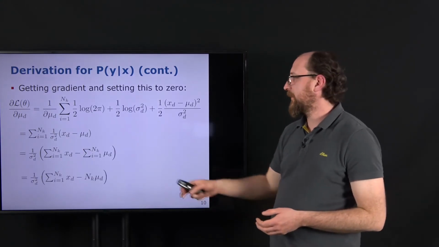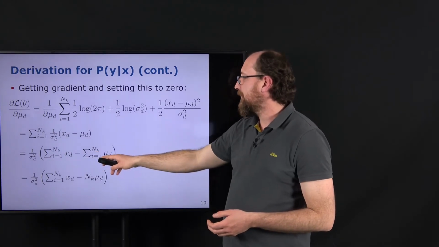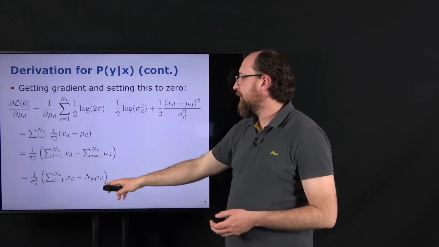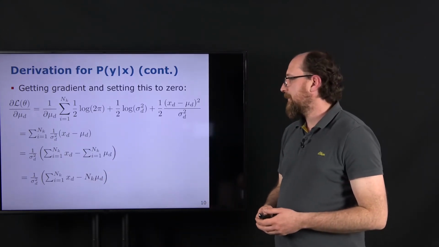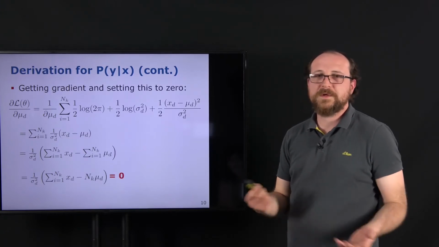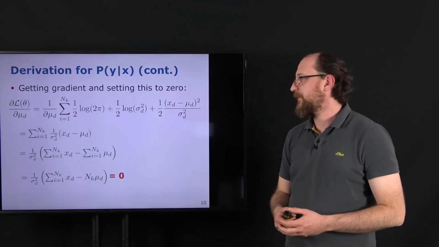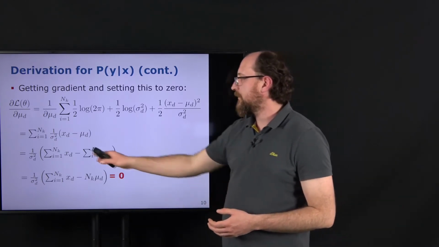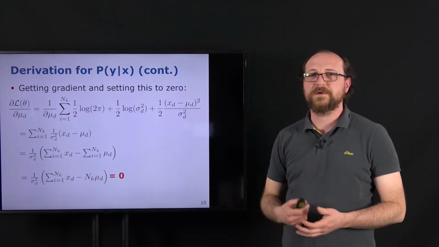And of course, when we just sum up over nk times, basically over the mu's, we can write this equally as nk times mu d. And then comes the thing that we also did with the linear regression: we now have the gradient and we are looking for the minimum, and the minimum has the requirement that there the gradient is 0.